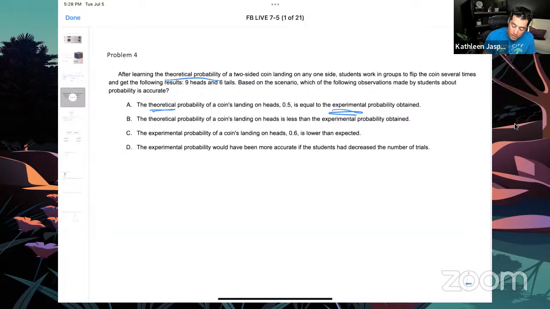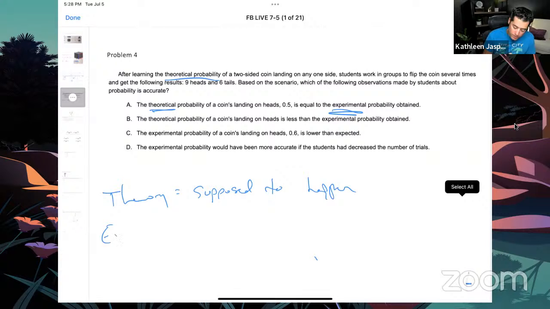So theoretical probability, I would say it's hard to understand. Theoretical probability is what's supposed to happen. So let me just write that: theory, supposed to happen. And then experimental, and please don't mind my writing, but you get the idea.